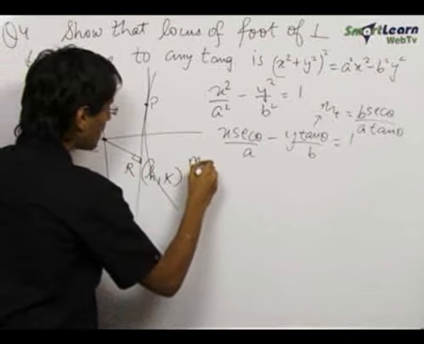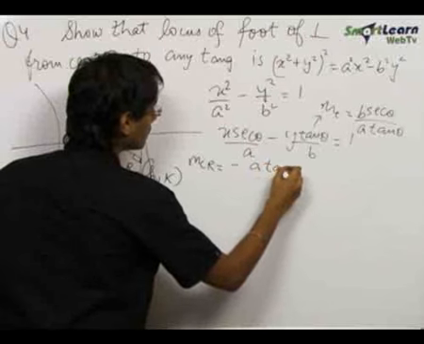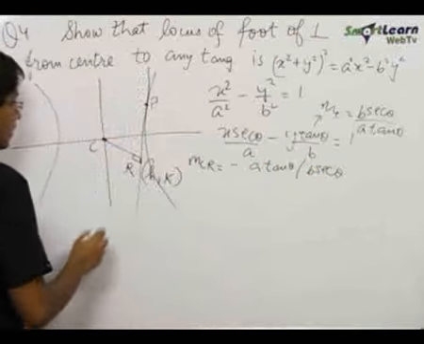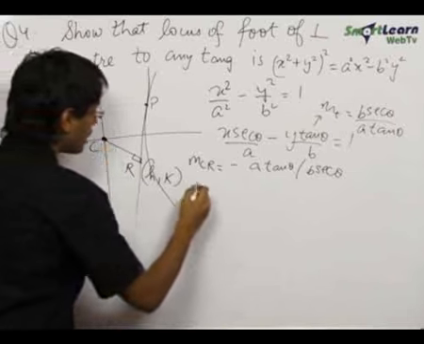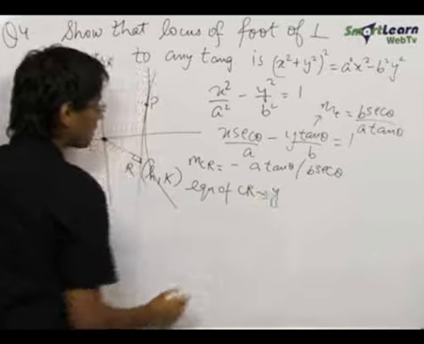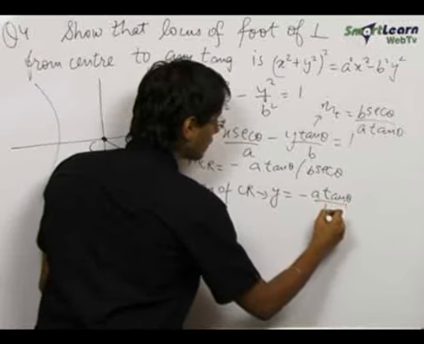So the slope of CR will be equal to the negative reciprocal of this, that is −a tan θ/(b sec θ), and it is passing through the origin. So the equation of CR can be written as y = mx, that is y = −a tan θ/(b sec θ) x.